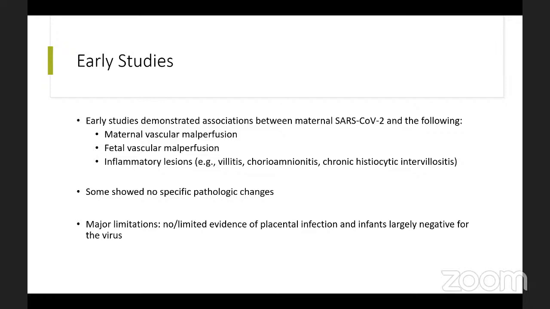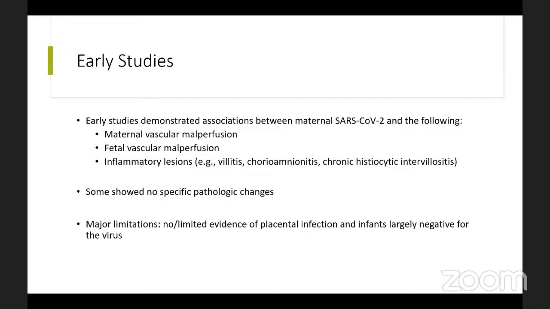Of course, as I already mentioned, there were limitations in these studies at the beginning. First, there was no way to necessarily confirm that SARS-CoV-2 had actually infected the placenta. And there was very limited evidence of placental infection, at least from the clinical perspective, because not all of the babies born to these particular mothers were infected.